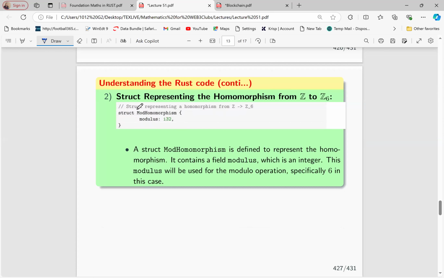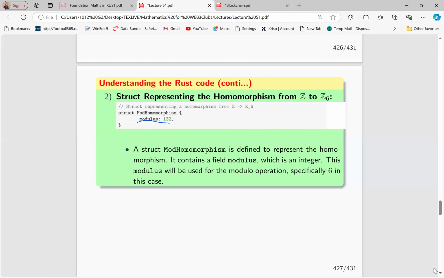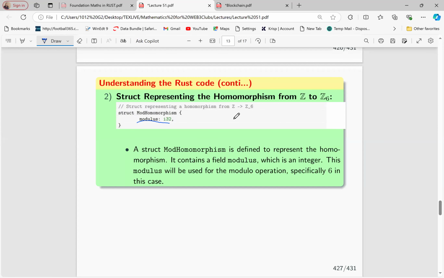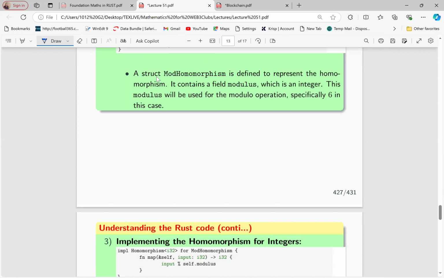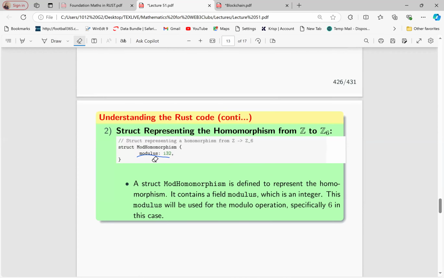So that's why we have written modulus i32 here. It is to ensure that the modulus operations are done effectively, so that if a result gives us a negative number, it's handled properly, and if it gives us a positive number, it's again handled properly. So it's just meant to assist us do operations in modulus arithmetic.